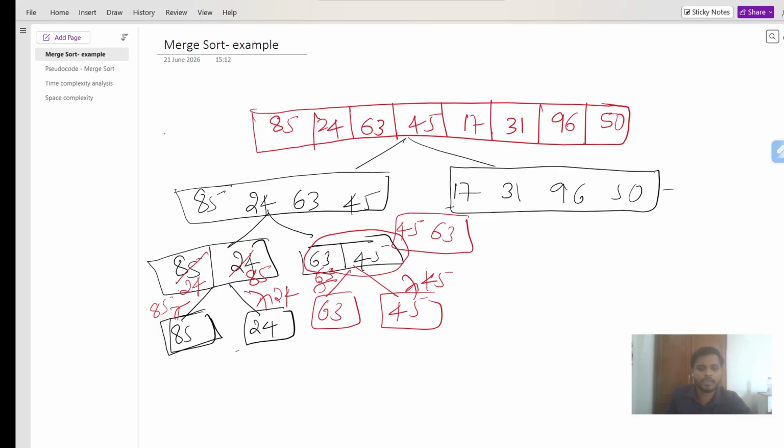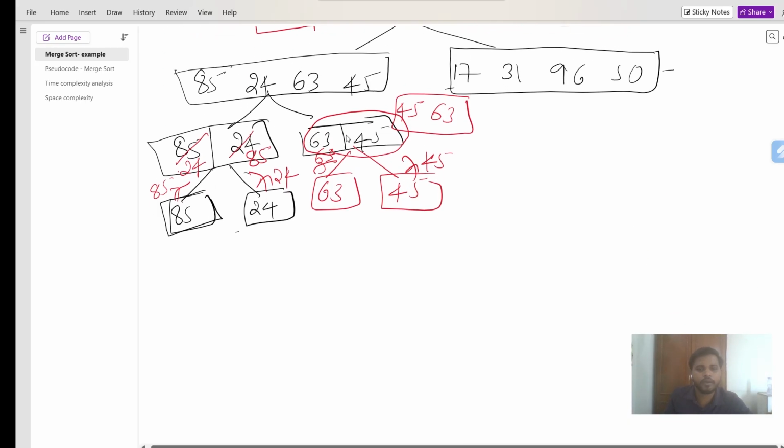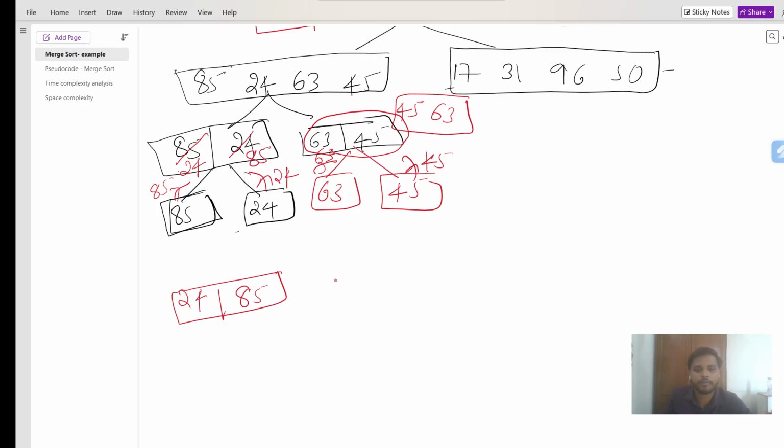Now let us see how the merge procedure is going to work at this step. We have two sorted halves: one has 24 and 85, and the other has 45 and 63. How is the merge procedure going to work? We have low here and high here.